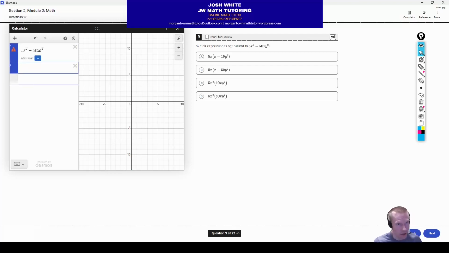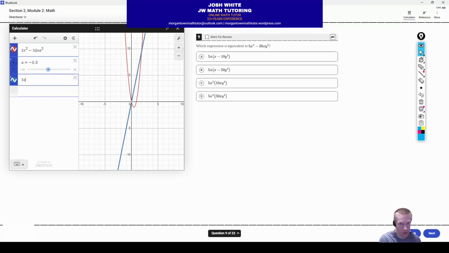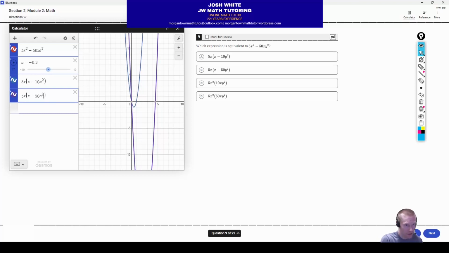I'm going to use a variable a and set it to whatever number. Now I'm going to go through all the answer choices. And again, every place I see a y, I'm going to put an a. And what I'm looking for is the identical graph which matches my original one.